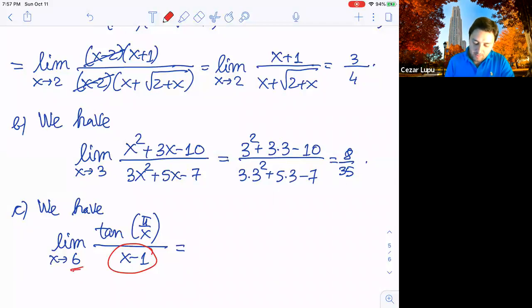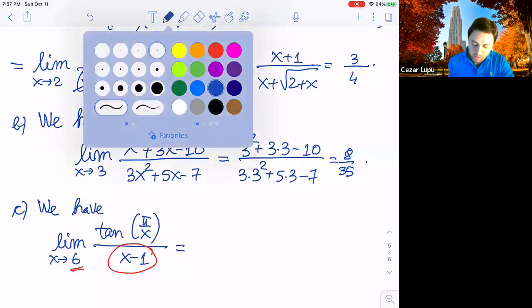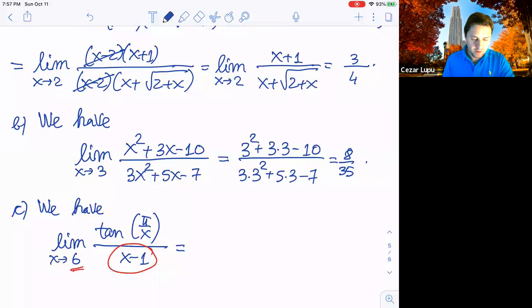So, but this time, as you can see, that guy is 6, not 1, so we are in a very happy situation. So this would be nothing else than just, when you plug it in, tangent of pi over 6 over 6 minus 1, and tangent of pi over 6, right?